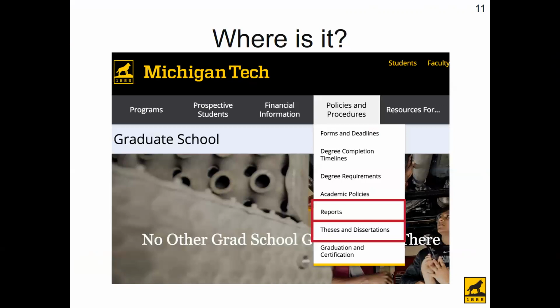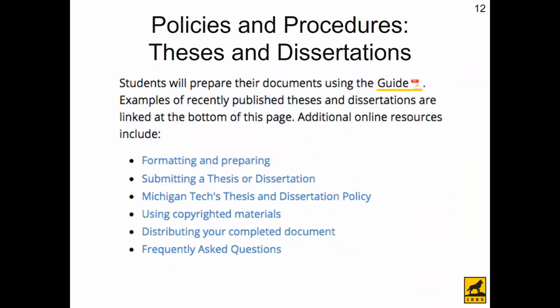It's the same guide for either one, but it's better to just go to the document that makes sense for you. At the top of that page, there are a bunch of links. We'll go through some of the formatting and preparing ones today, but you'll see in that first sentence that hyperlinked item, guide, is where you'll find the guide. And that's right on the home page of the thesis and dissertation area. It's very prominent.